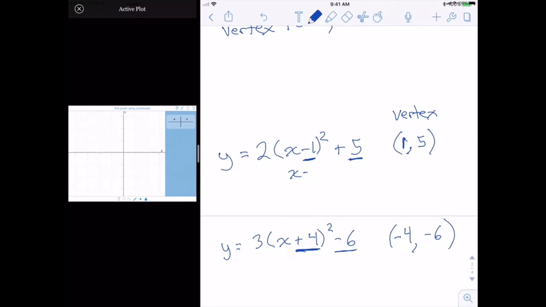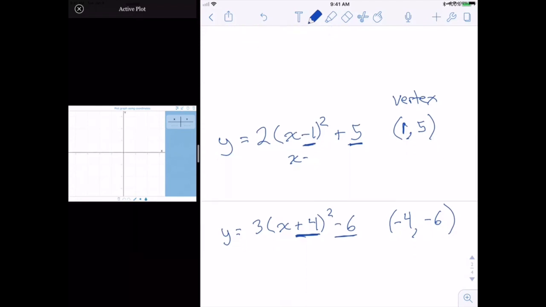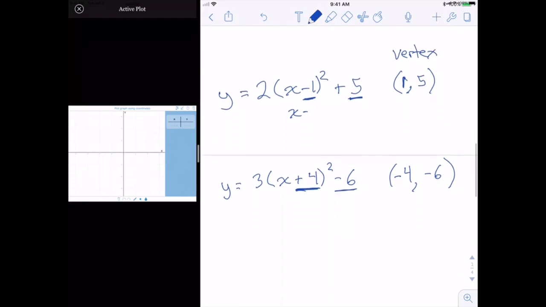All right, so when you figure out the vertex, you use the x value of the vertex for creating your table of values.